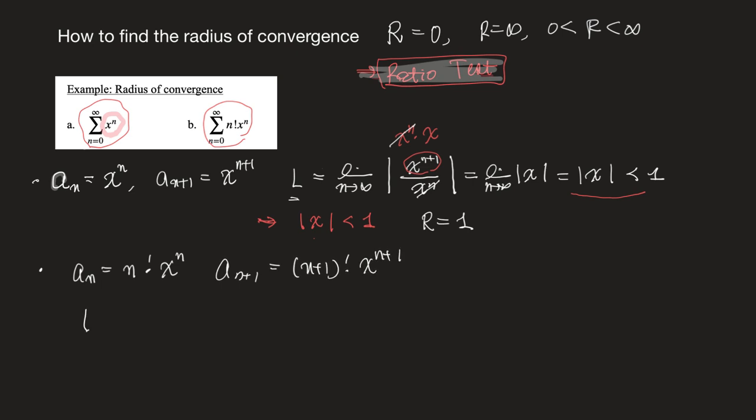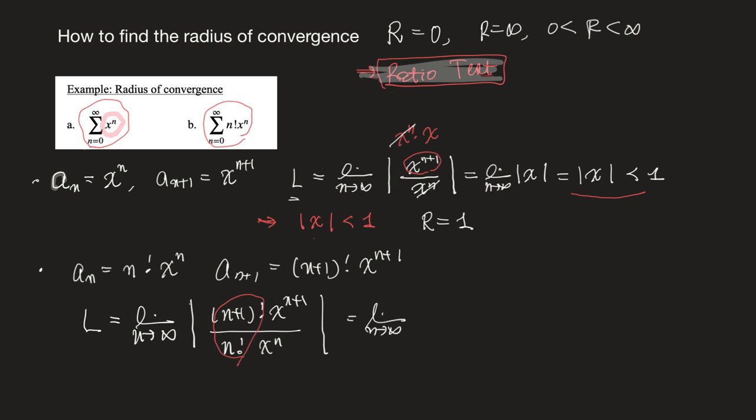Simplify: you have the limit as n approaches infinity of (n+1), and the factorials cancel out.